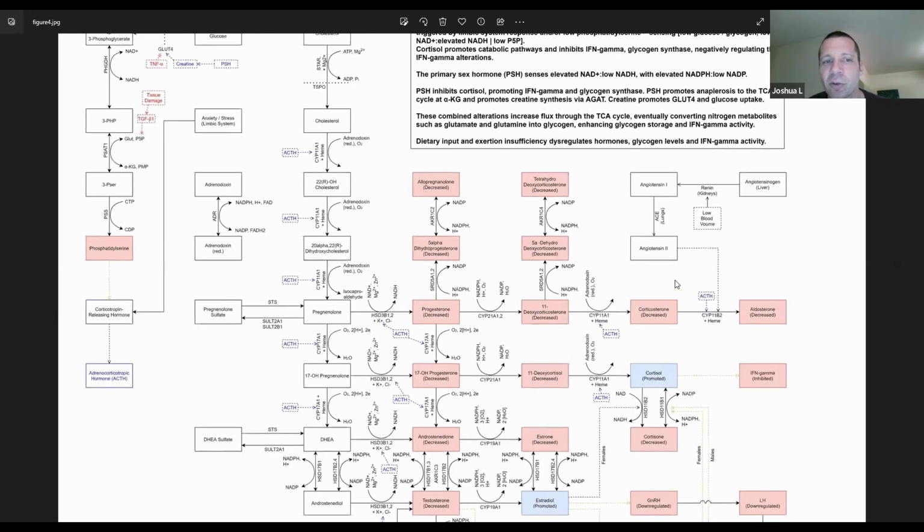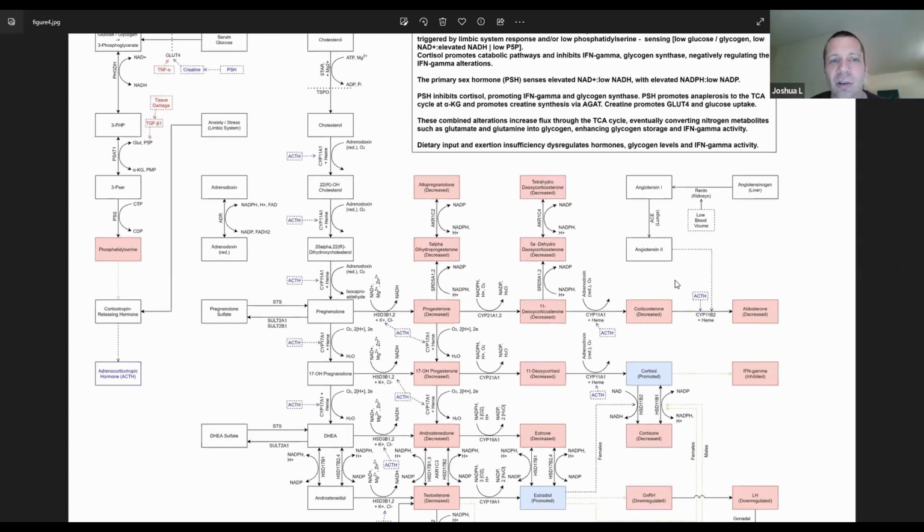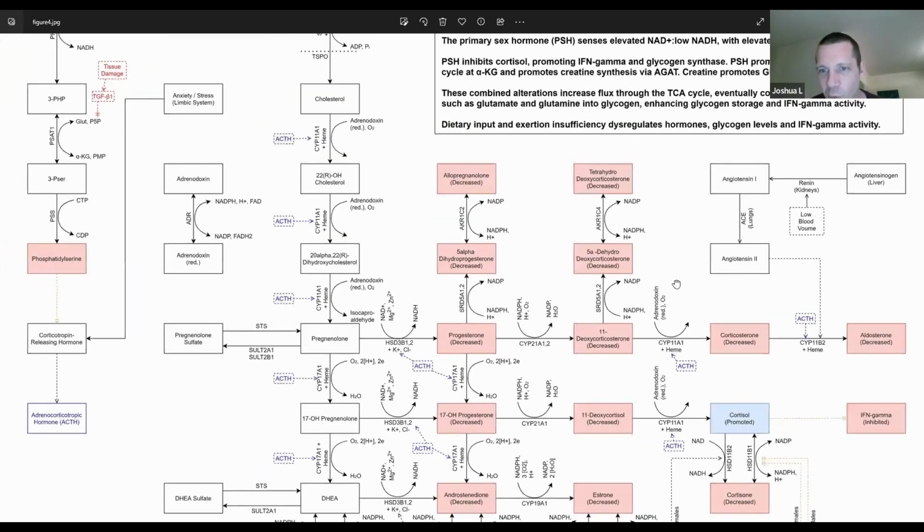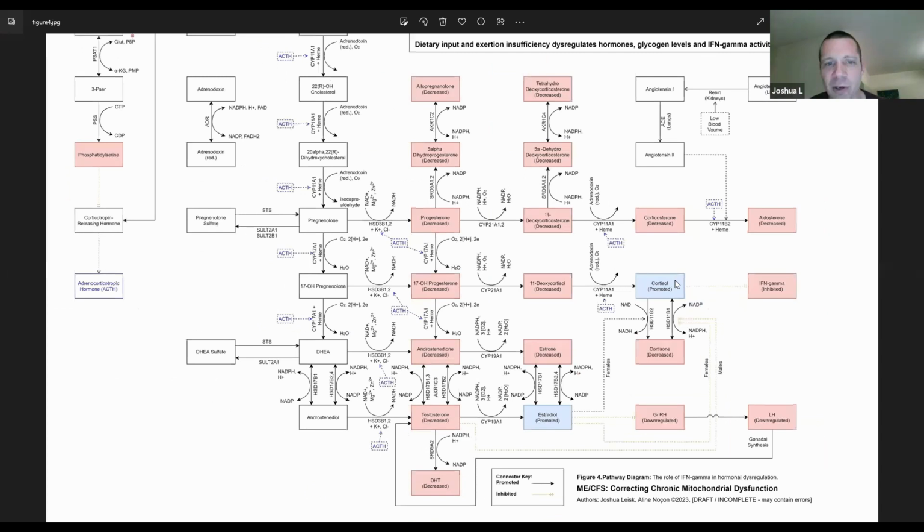It drives them up. It promotes everything that you see within ACTH. So it really pushes that pathway along towards ultimately the sex hormones and then eventually the degradation pathways that are also there.